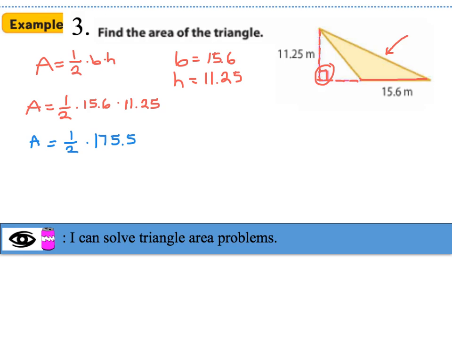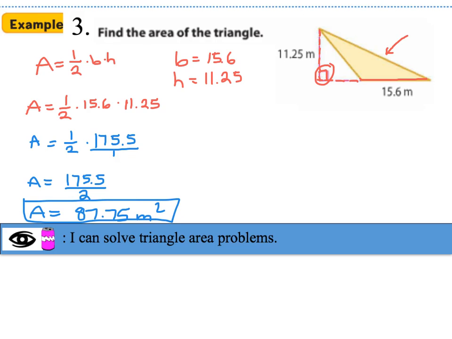I can make this look like a fraction, so let's multiply the numerator. So 1 times 175.5 would be 175.5. And on the bottom we would have 2. And we can divide 175.5 divided by 2, and we get 87.75 meters squared.